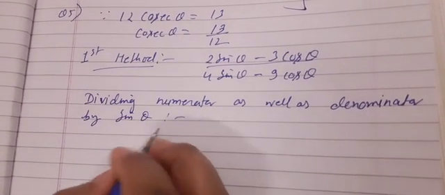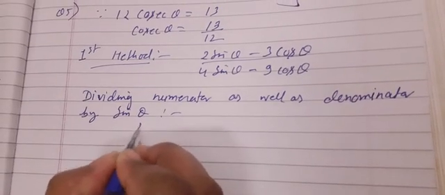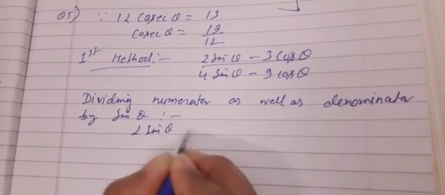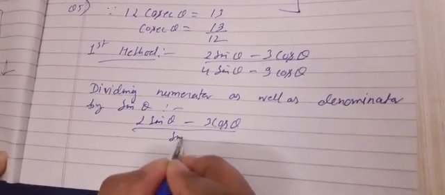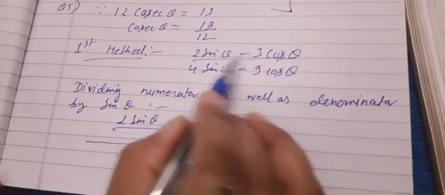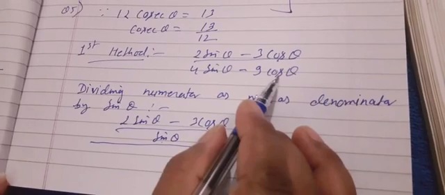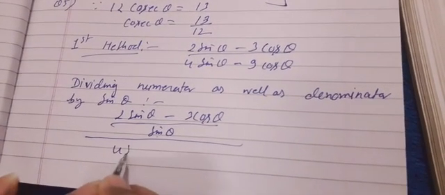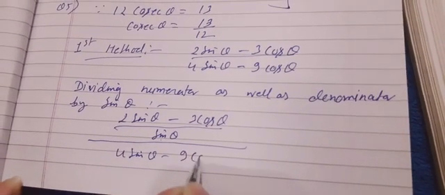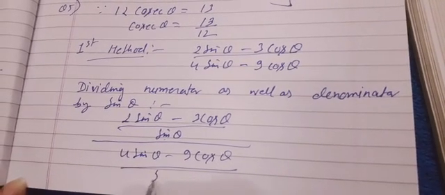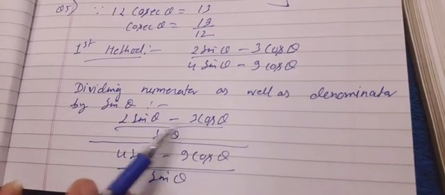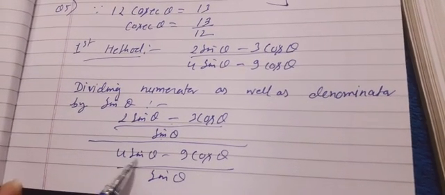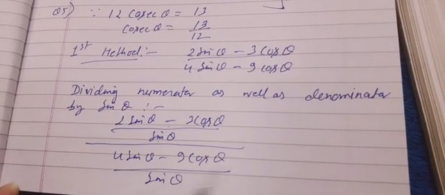Then it will be like this: (2 sin theta minus 3 cos theta) divided by sin theta, and the denominator (4 sin theta minus 9 cos theta) also divided by sin theta. Now on the next page I am going to write this by this minus this by this: 4 sin theta by sin theta minus 9 cos theta by sin theta.